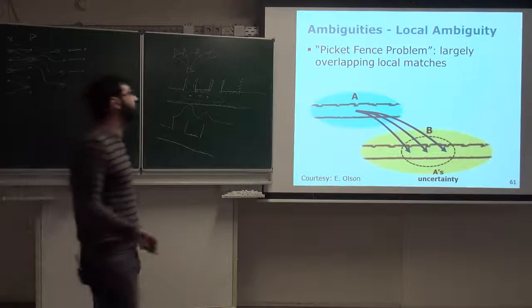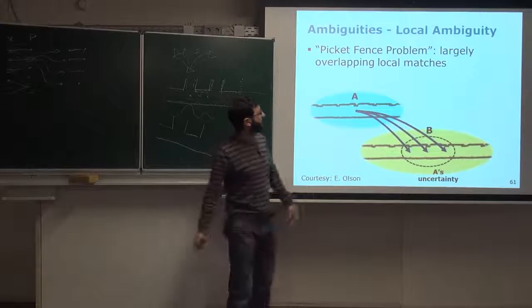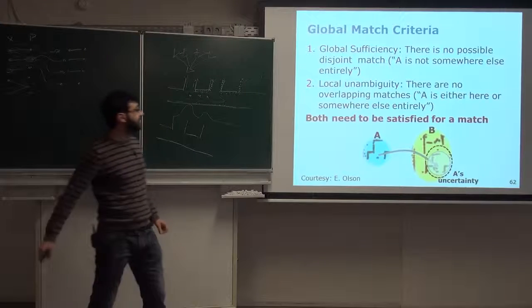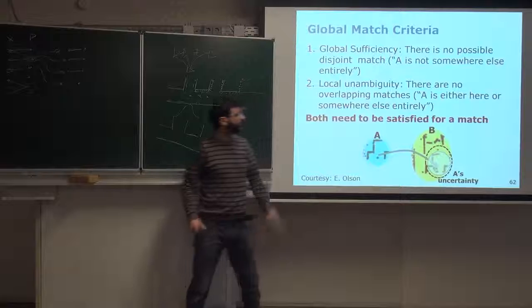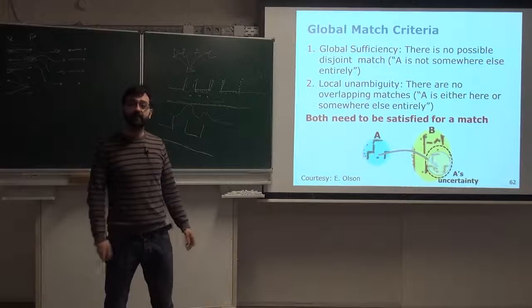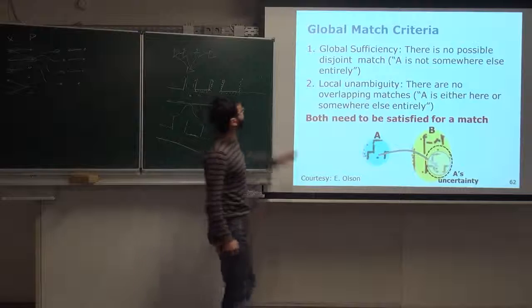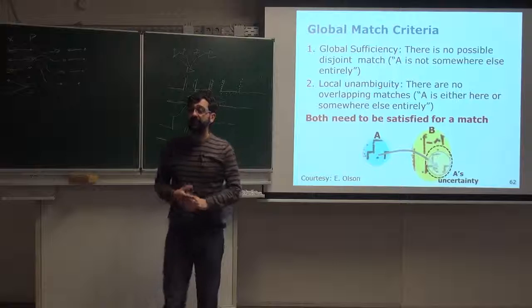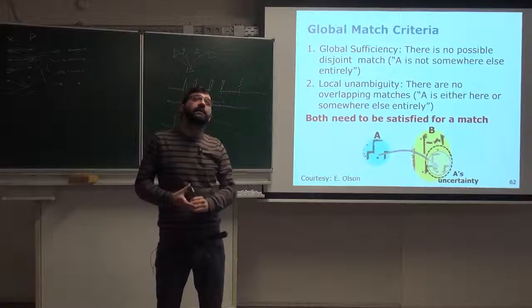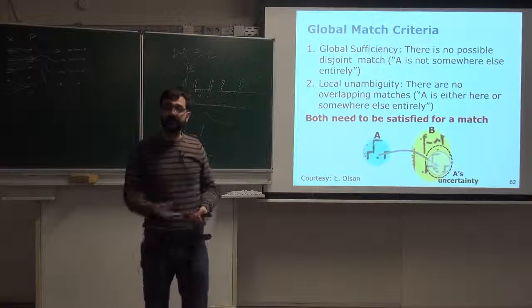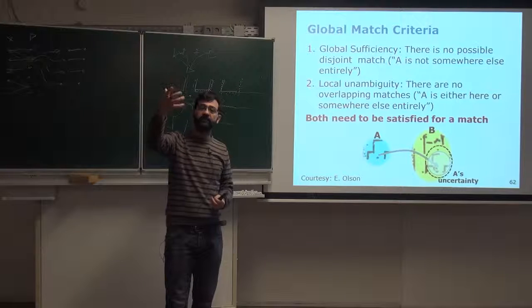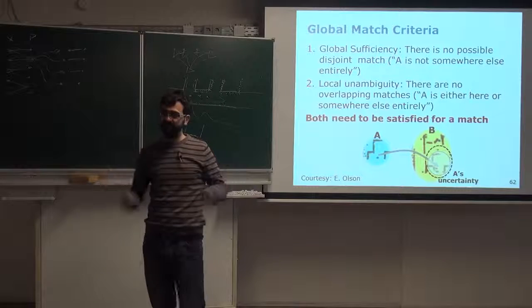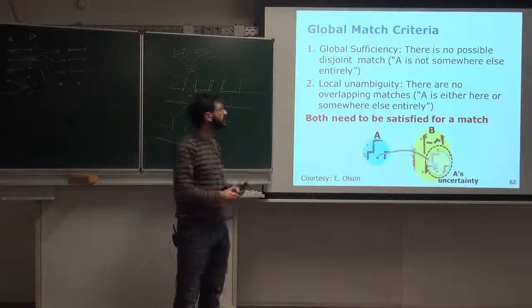So in order to be sure that a match is accepted, we want to have these two criteria, and these were developed by Edwin Olson. The second part is something taken from his work. He defines these two criteria. A match must be globally sufficient. This means that there is no possible disjoint match within the uncertainty, so the size of the environment I'm comparing is at least half the size of the uncertainty in some way, so there cannot be another copy of it inside.